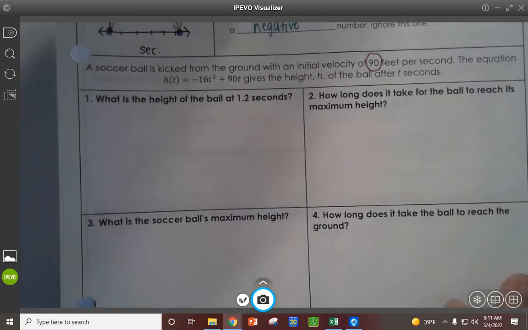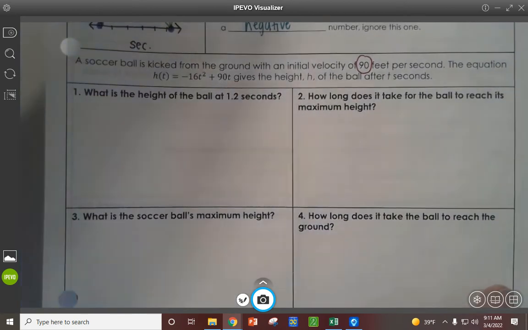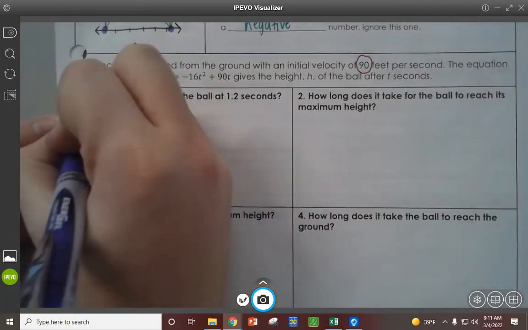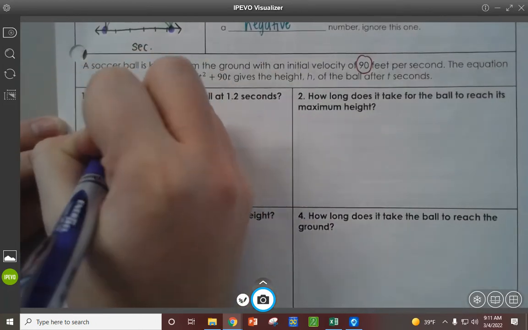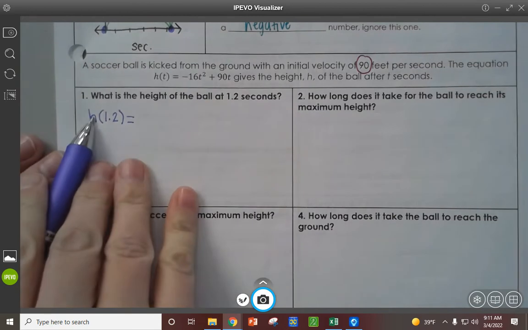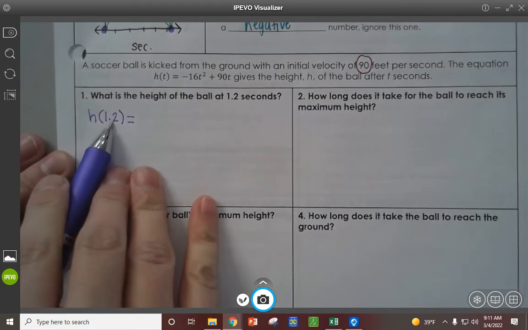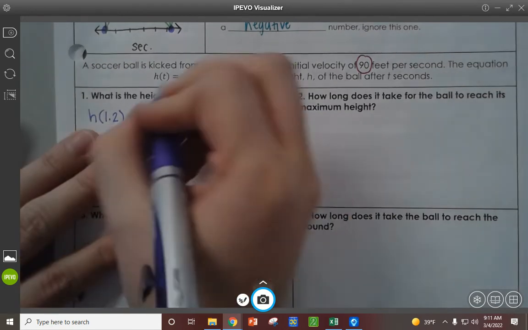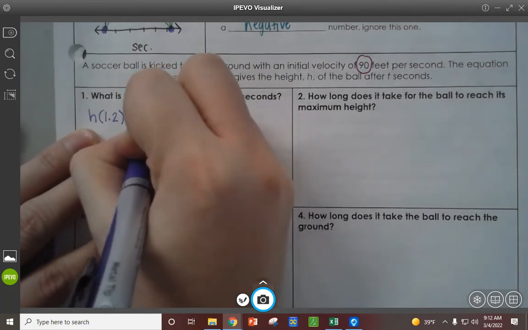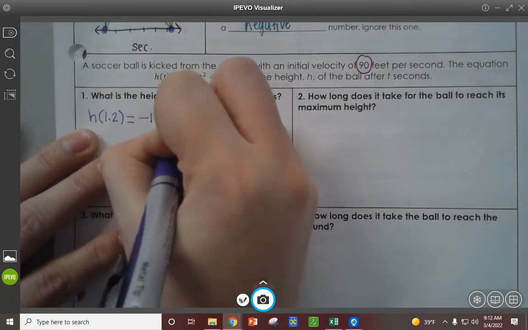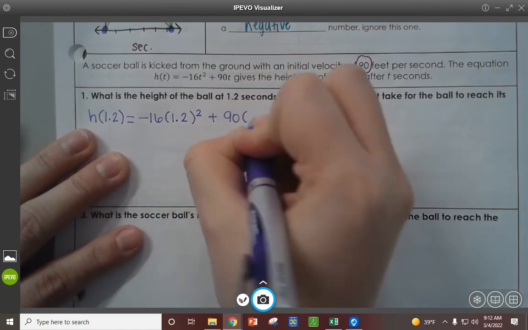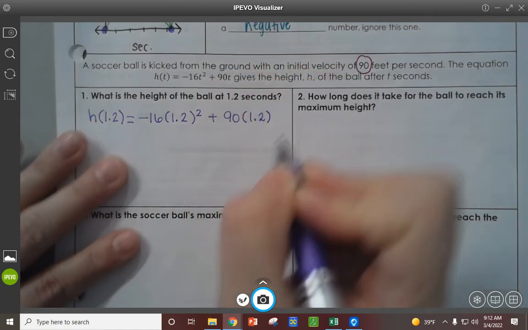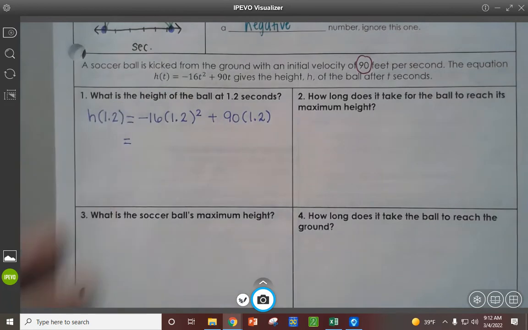We're actually going to plug in 1.2 for t. So h of 1.2, the height at 1.2 seconds, equals negative 16 times 1.2 squared plus 90 times 1.2.